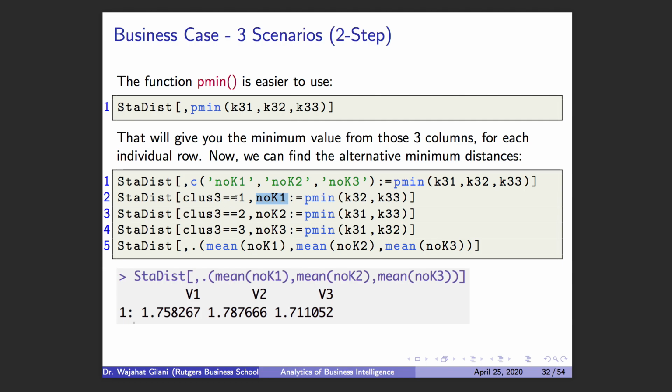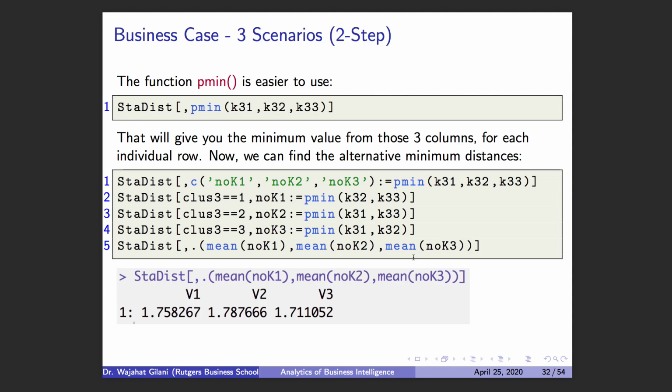At this point, all I really need to calculate is no K1. That's going to be the main one. And when cluster equals 2, K2 is the closest one, so no K2, I just need to calculate between K31 and K33. And when cluster equals 3, no K3 equals the minimum between 3.1 and 3.2.